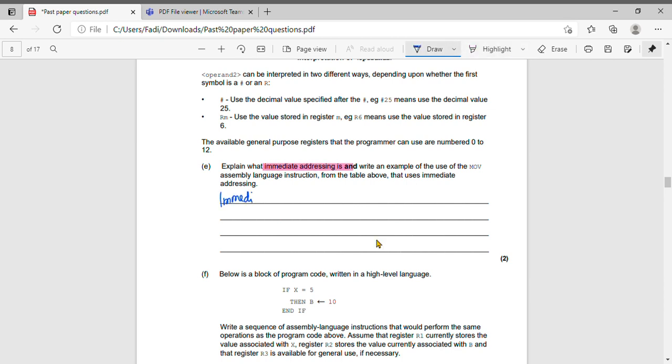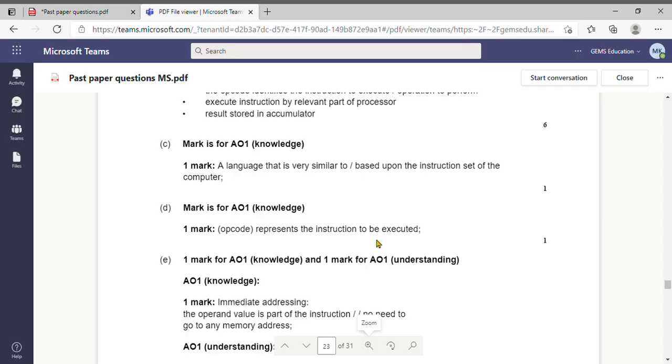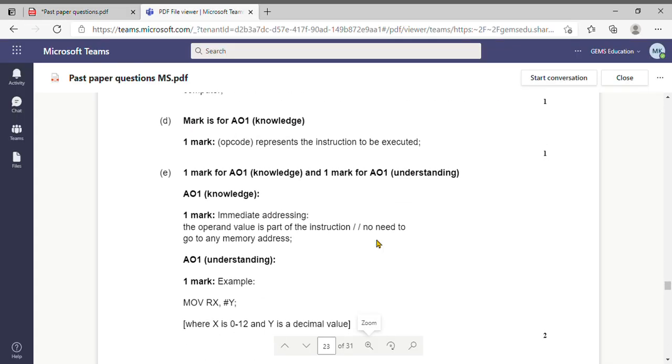Immediate addressing is when the data being called is the value actually that is displayed in the instruction. Let's see. The operand value is part of the instruction.